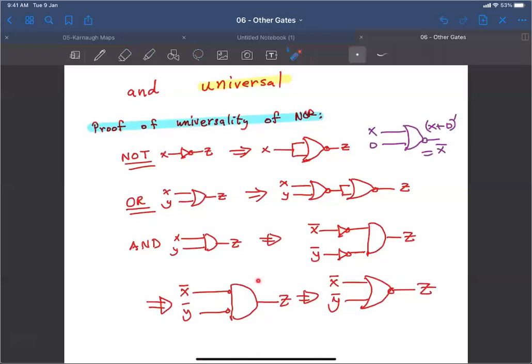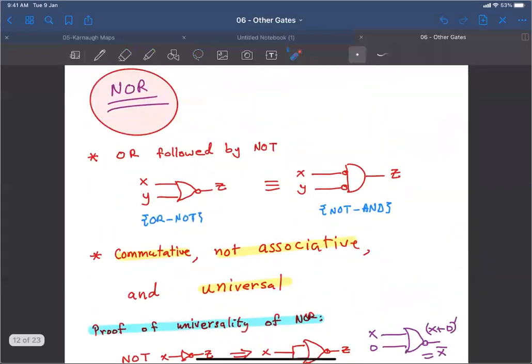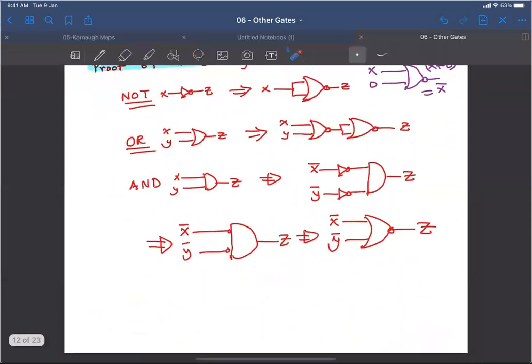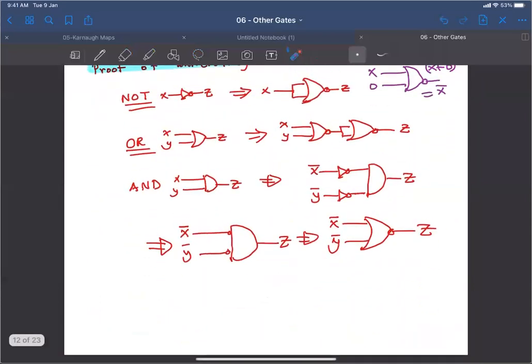So this AND gate is the other form of the NOR gate. Eventually X and Y, which is Z, can be X complement NORed with Y complement, by De Morgan's law.